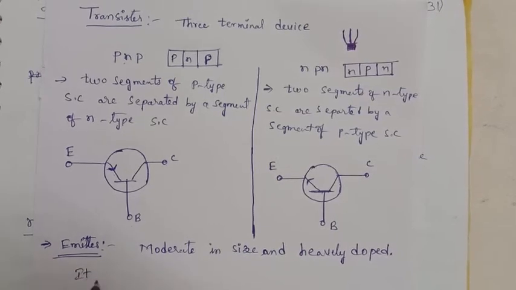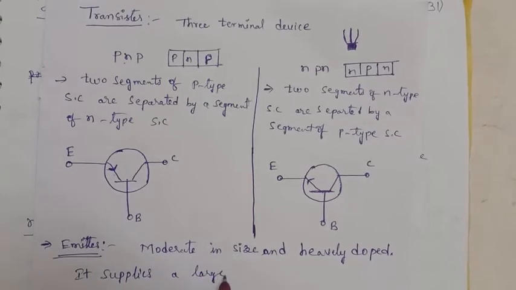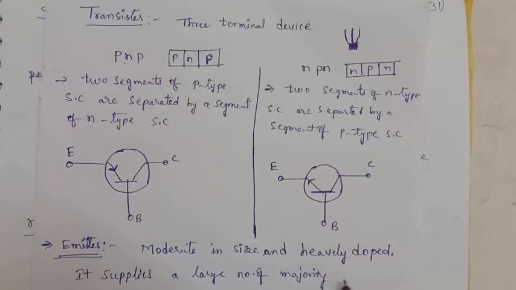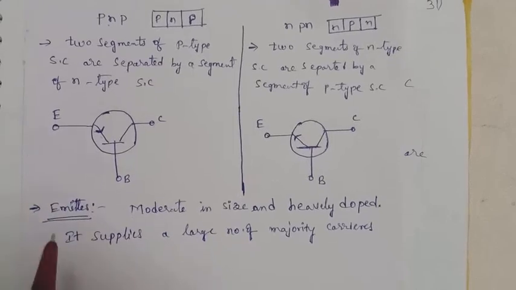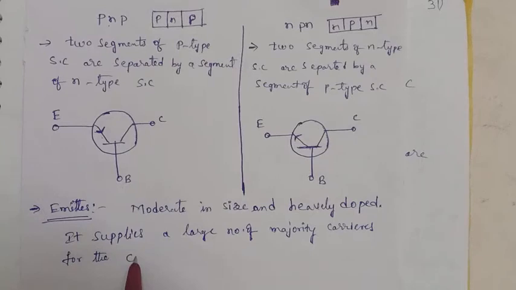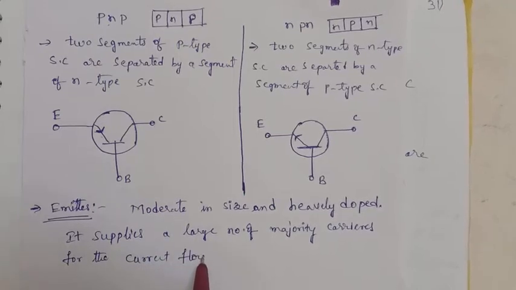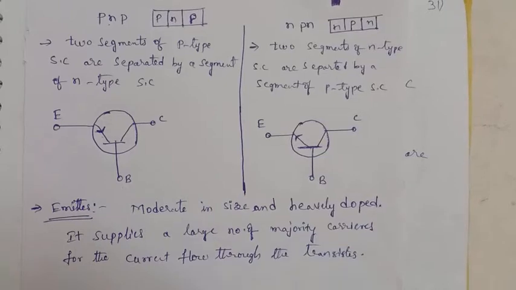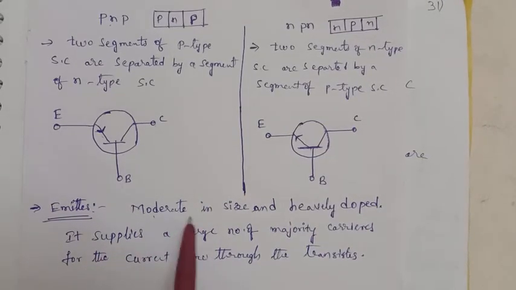So the emitter is moderate in size and heavily doped.